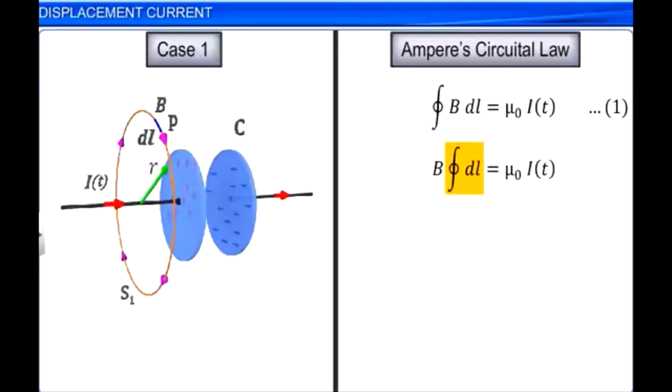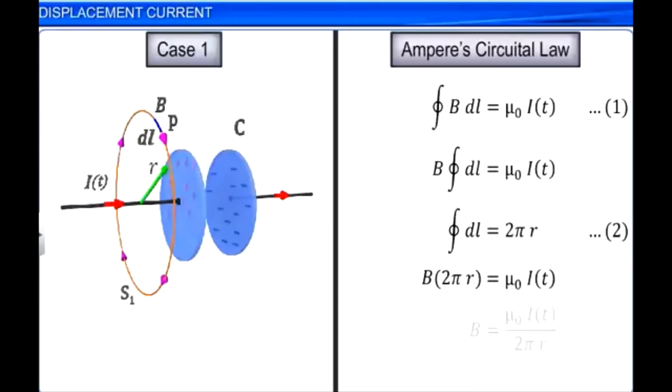Thus, the integral of dl is equal to 2 pi r. Let this be equation 2. Substituting equation 2 in the above expression, we get B into 2 pi r is equal to mu naught I(t). Hence, the magnetic induction B is equal to mu naught I(t) by 2 pi r. Let this be equation 3.